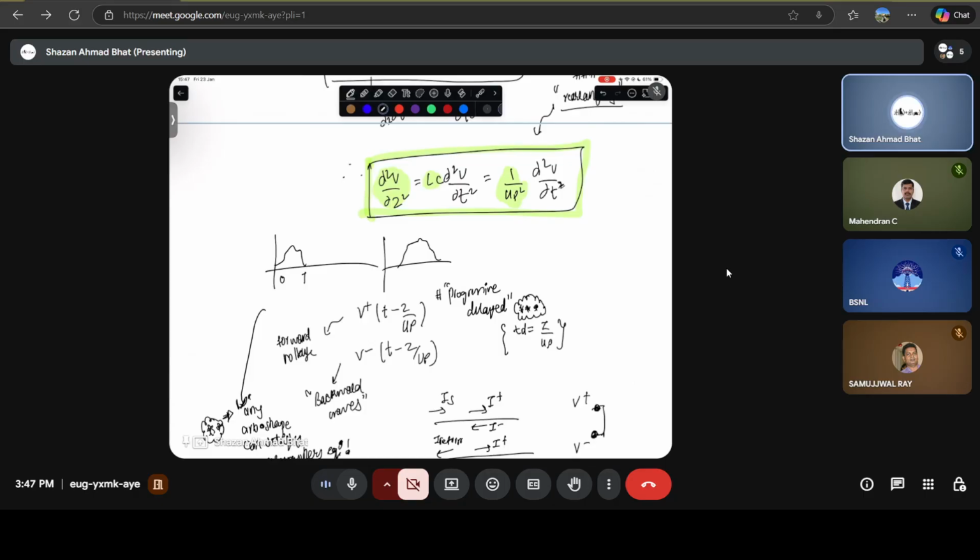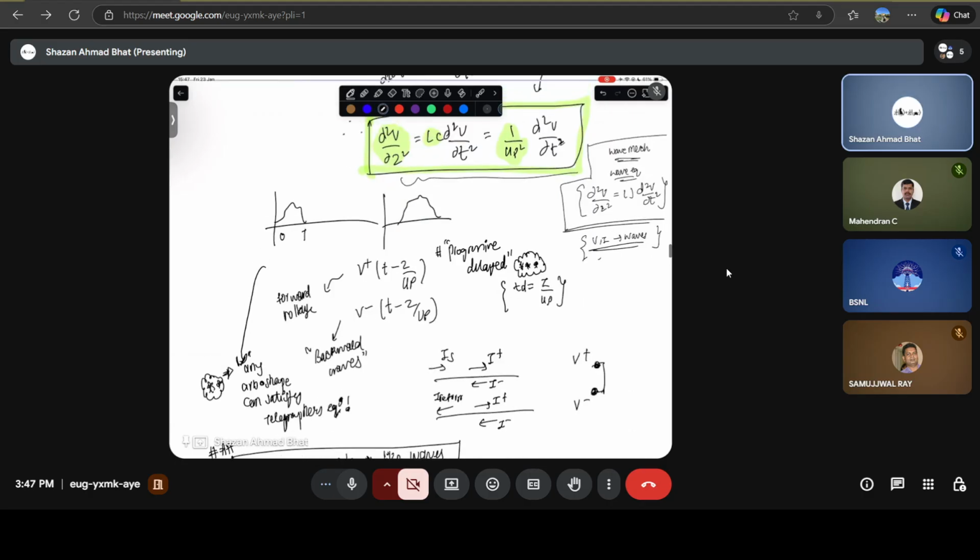If you are familiar with wave mechanics, it looks like a wave equation, where d²V/dz² is equivalent to some velocity term times d²V/dt². So this is basically a wave equation. That means these voltage and currents are basically moving as waves in the transmission line.